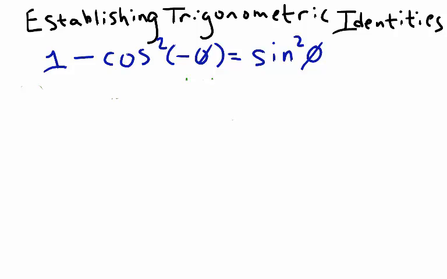To establish our identity, we'll want to start with the most complicated side of our expression. In this case, that's the left. 1 minus cosine squared of negative theta is equal to 1 minus cosine theta squared.